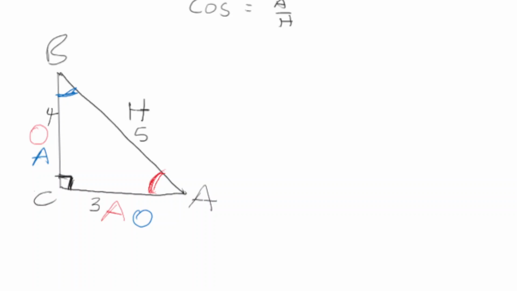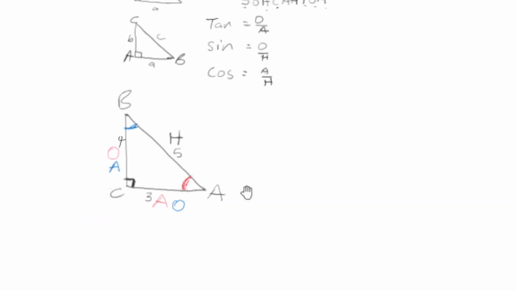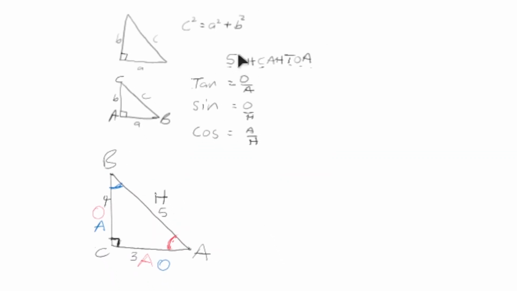So with our ratios here, what we discussed over here, I can see that sine A is equal to, we said sine is SOH, which is opposite over hypotenuse.